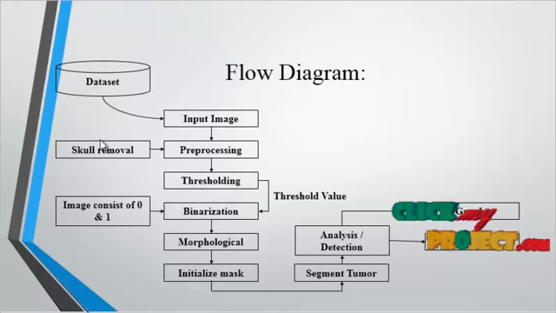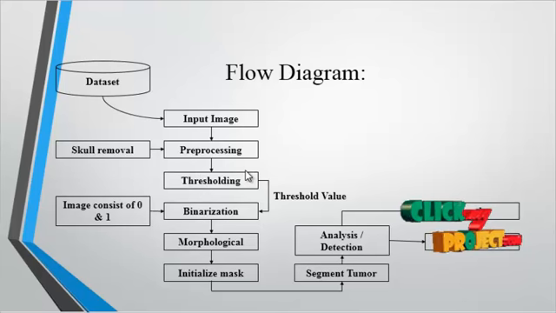Skull stripping is one of the most important processes in brain tumor segmentation, because first of all we have to extract the skull region present in the input MRI image, then only can we extract the tumor region from the other backgrounds. After extracting the skull region from the input image, we have to detect the threshold value from the image.